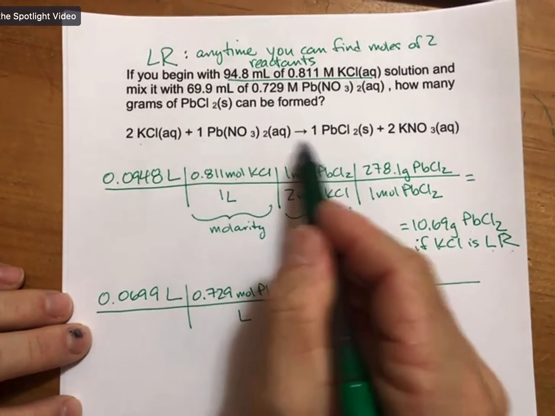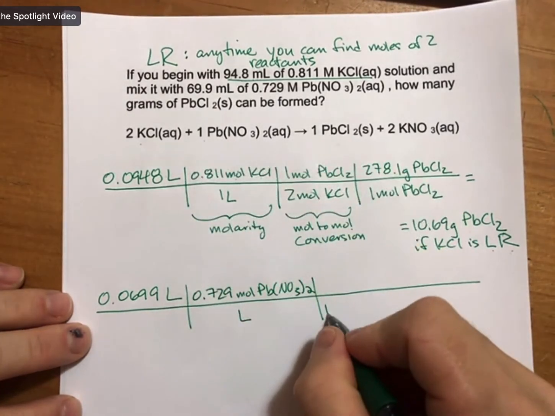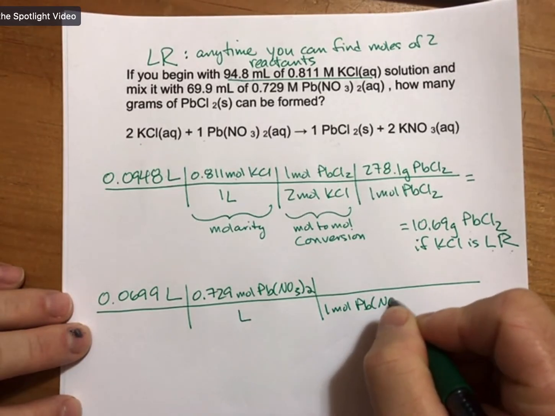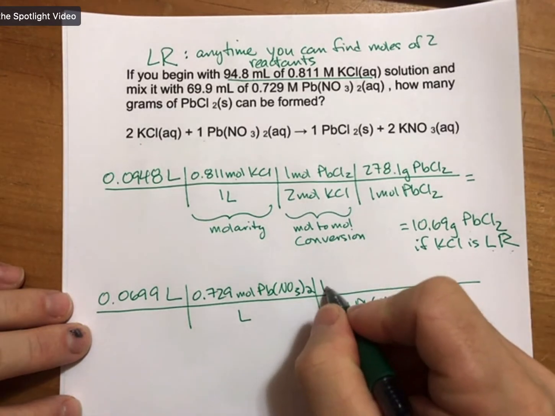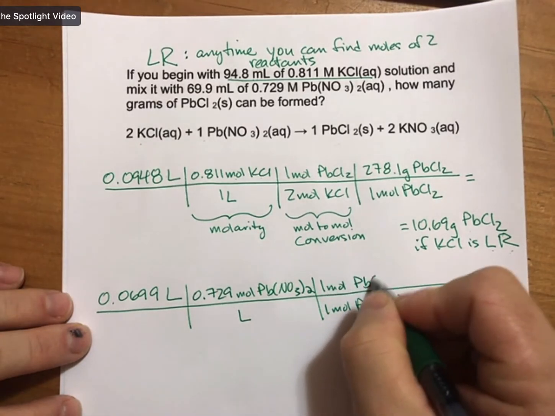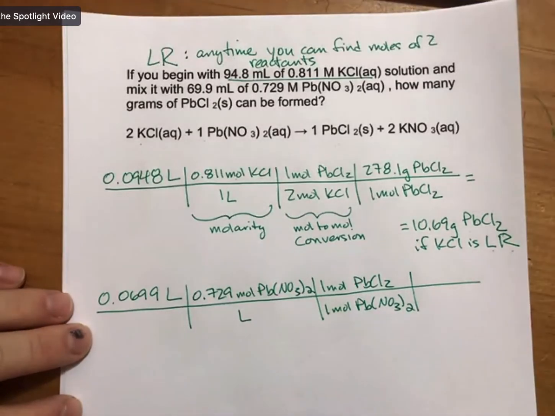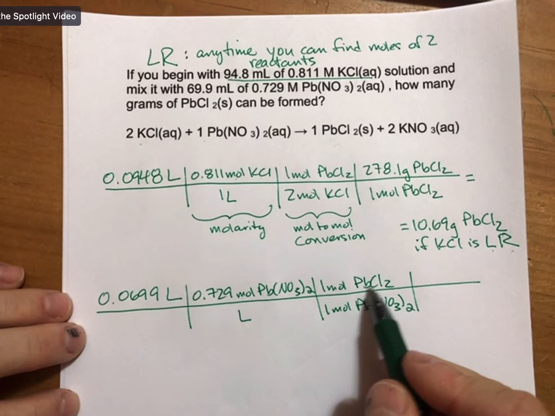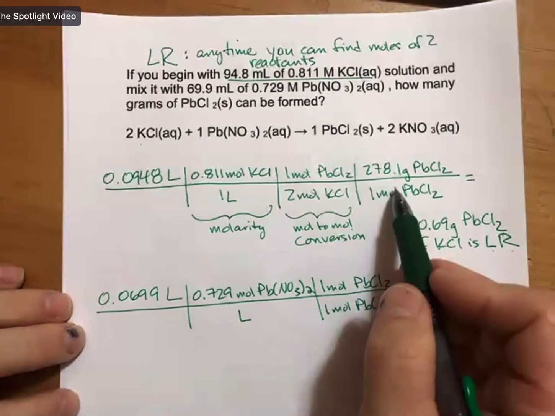Now it's a 1-to-1 ratio. I hope I have enough room. And my last step in this particular case is going to be the same as my last step up here.